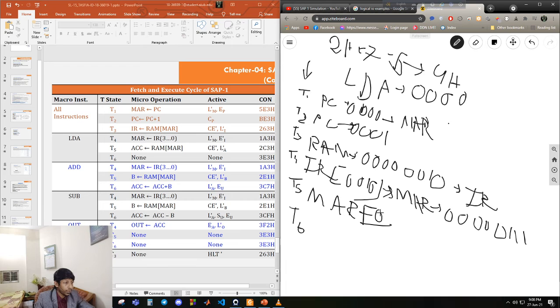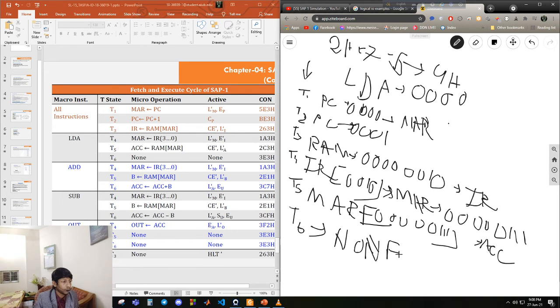The value in MAR is 0000 and 0111, and this will go to the accumulator register. And there is no sixth step, so the sixth step will be none. Okay, so we can see we successfully stored this value in our registers.